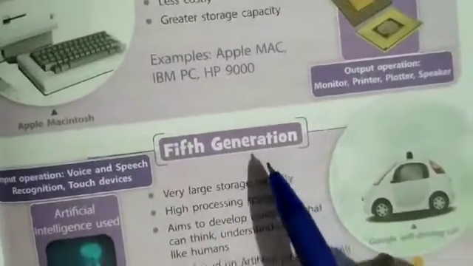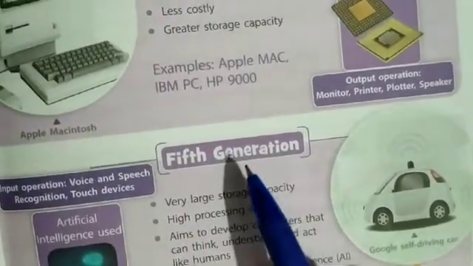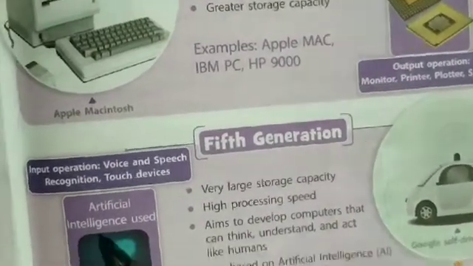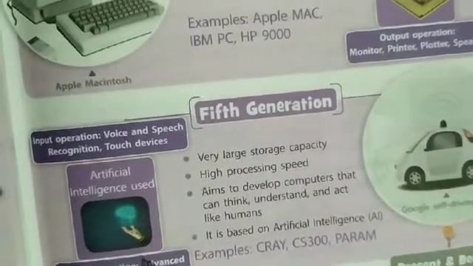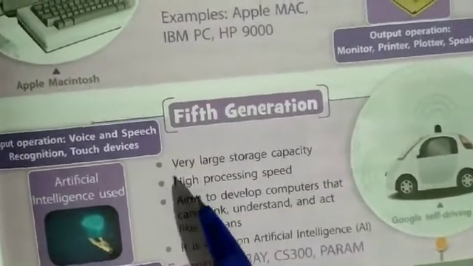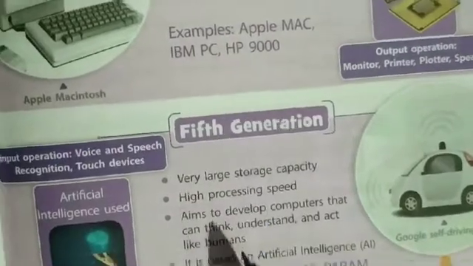Now 5th generation computer. The main component of 5th generation computer is artificial intelligence. In this generation, artificial intelligence is used, and the computers have a very large storage capacity.